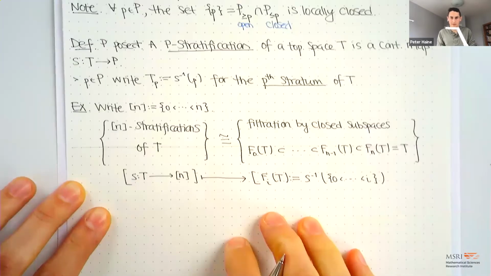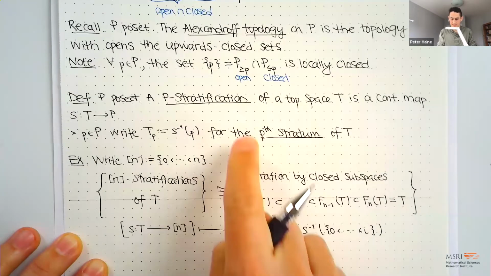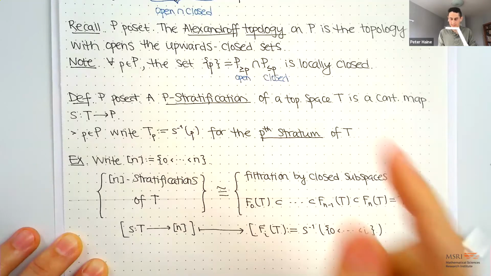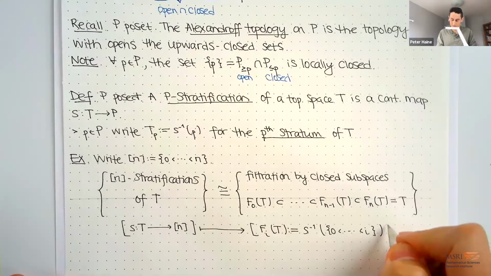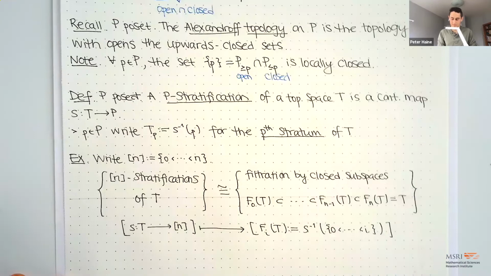And recall by how this Alexandrov topology is defined, this is a closed subspace of [n] in the Alexandrov topology. So that's going to be a collection of increasing closed subspaces.